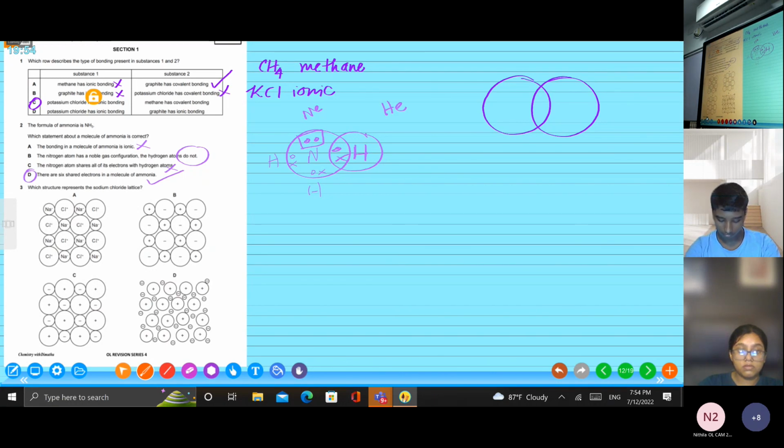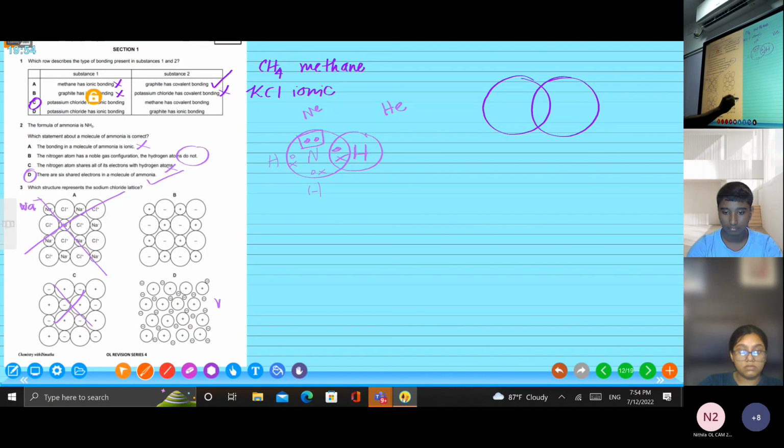Right? And which structure represents the sodium chloride lattice? Now, it looks very complicated. They all look the same. But if you look at this, here sodium is minus. That's wrong. Sodium has to be plus. Chlorine can't be plus. Chlorine should be minus. The next one sounds okay. The negative ion is usually bigger because it has a lot of electrons. Therefore, this is wrong.